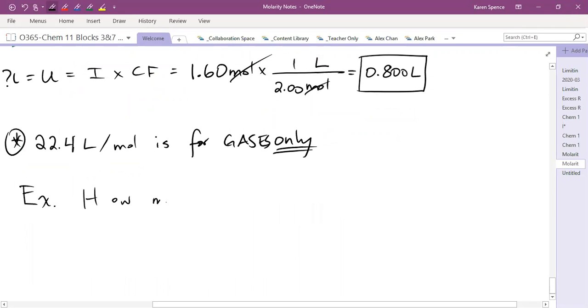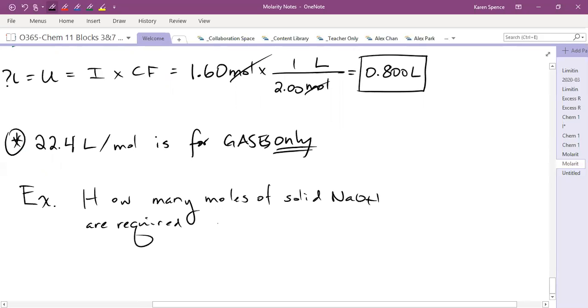How many moles of solid NaOH, sodium hydroxide, are required to produce 600 milliliters of 0.25 molar NaOH?